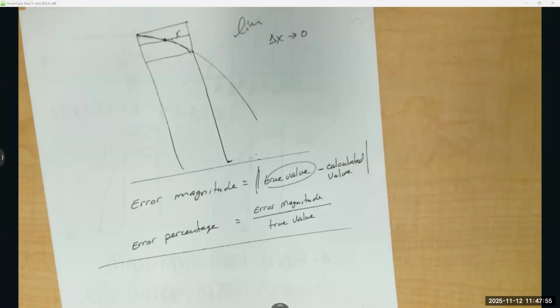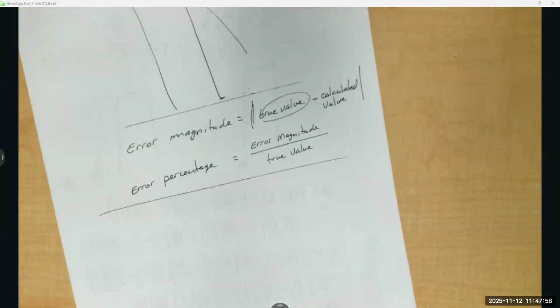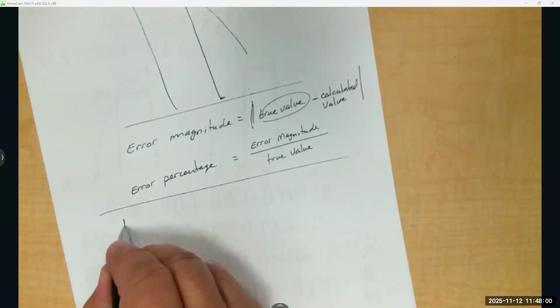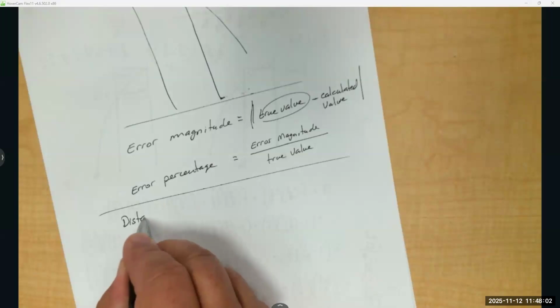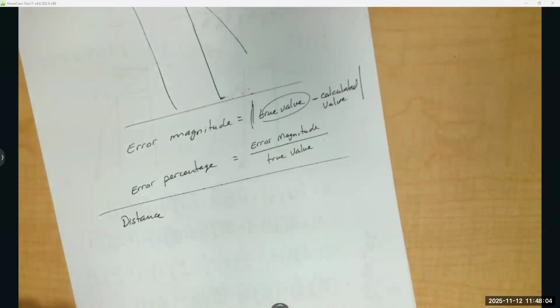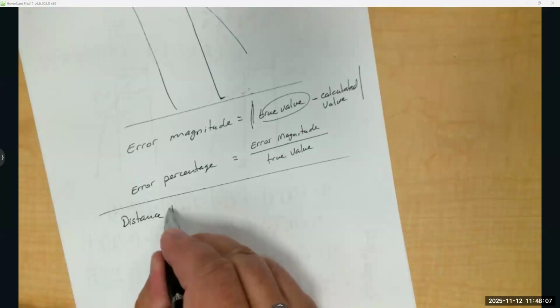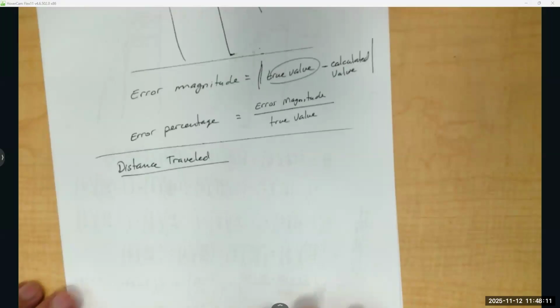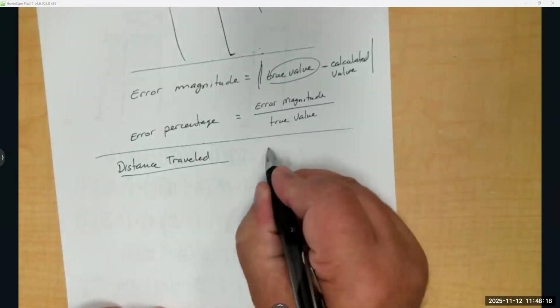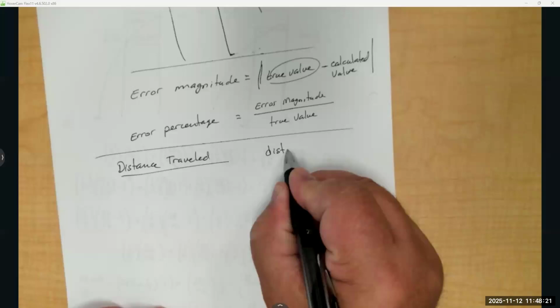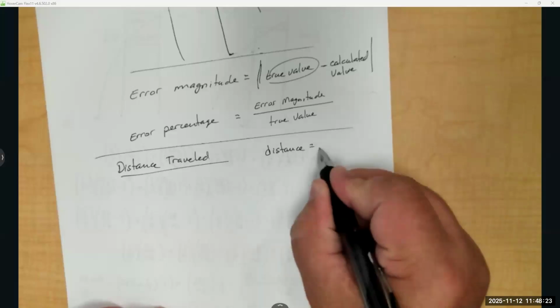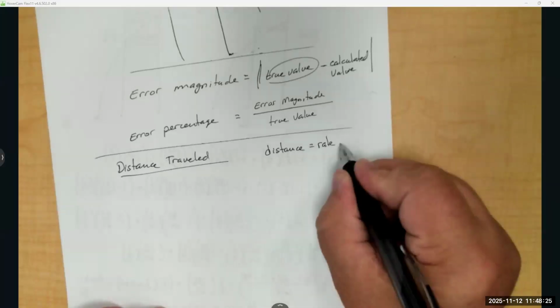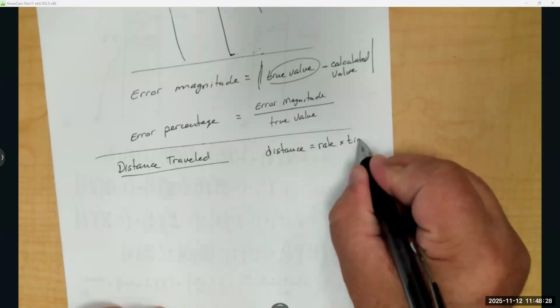Oh, let's look at this. The section here is distance traveled. Whenever you deal with distance, what's the formula for distance? How fast you're traveling and for how long.